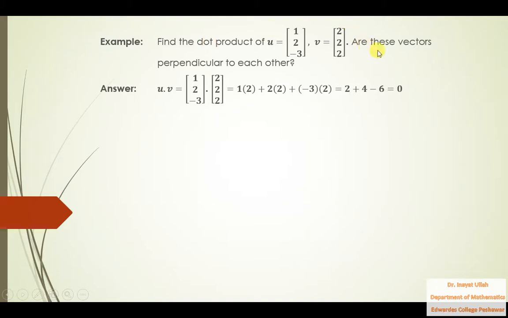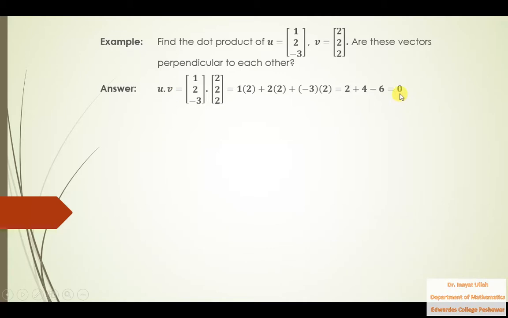Secondly, we are asking about the perpendicularity of these two vectors. So we see here that the dot product of u and v is 0, and we have just studied that if the dot product of two vectors is 0, then they will be perpendicular to each other.